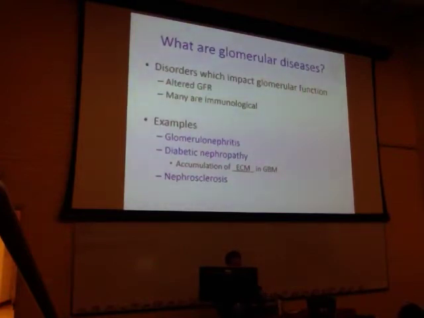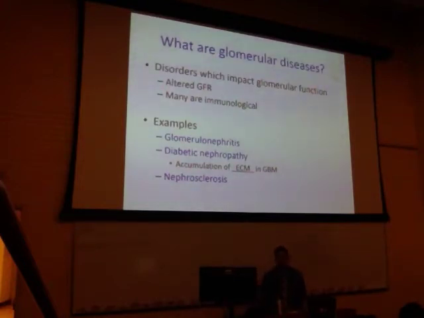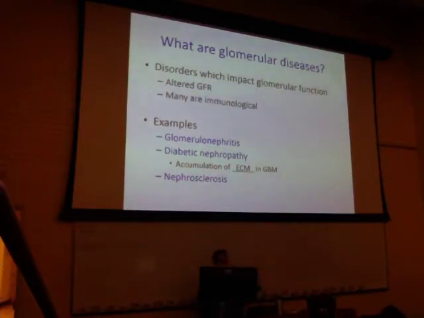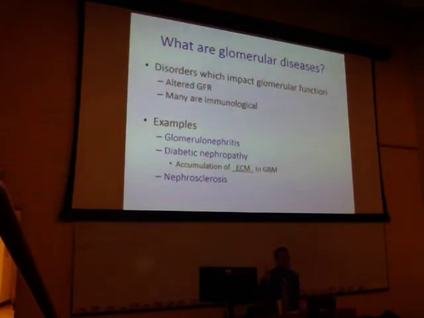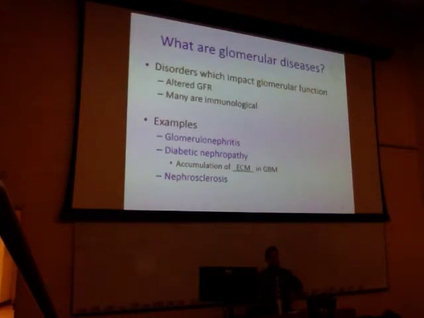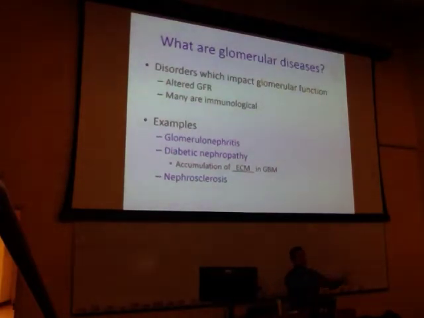Diabetic nephropathy is where you get a buildup or accumulation of extracellular matrix proteins, ECM. That buildup occurs at the level of the basement membrane of the glomerulus, the glomerular basement membrane, GBM.